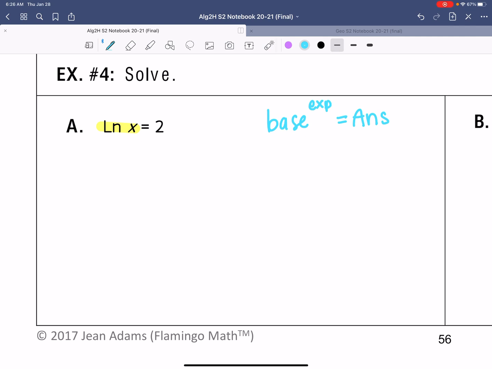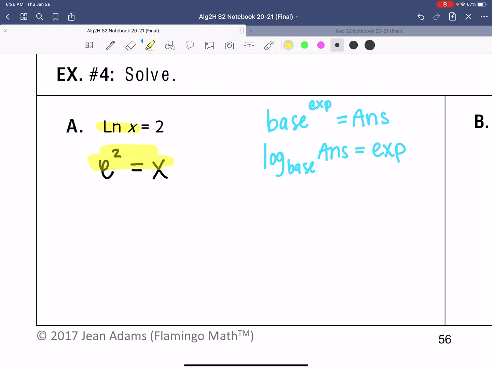And when it's in its log form, we have log base answer equals exponent. So we're going to take it from this log form and put it back into its exponential form. So our base of natural log is e, my exponent would be 2, and my answer would be x. You just solved for x.